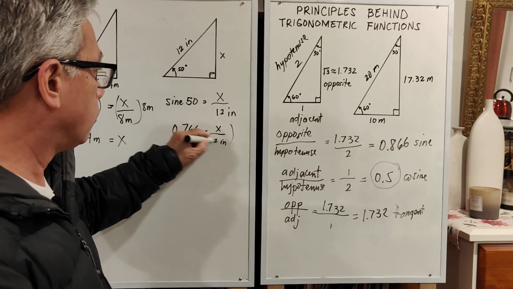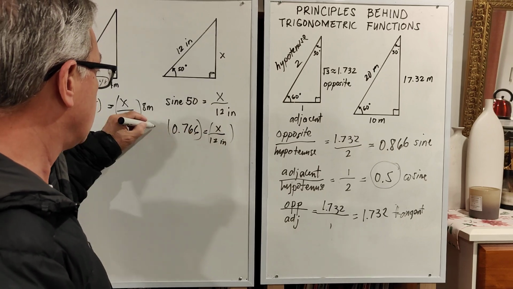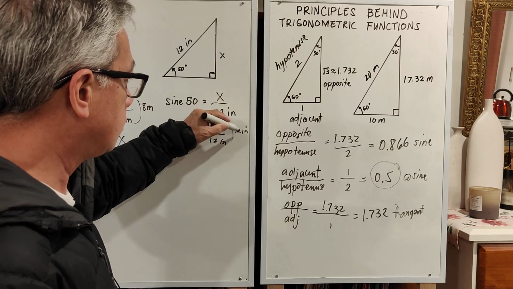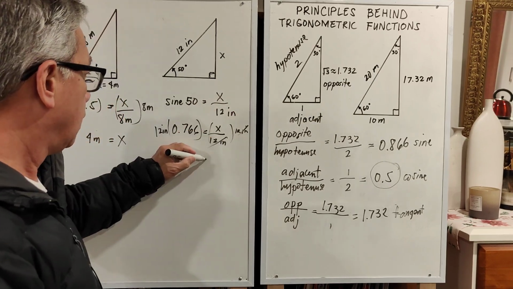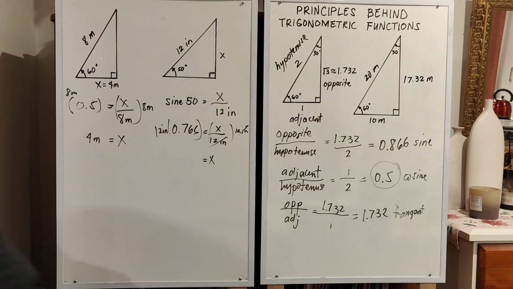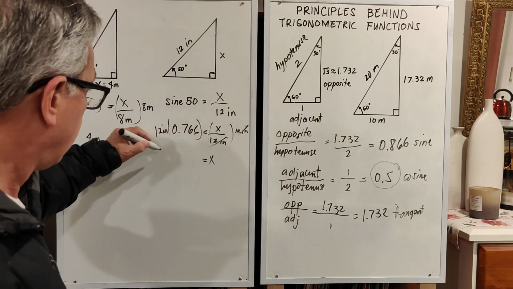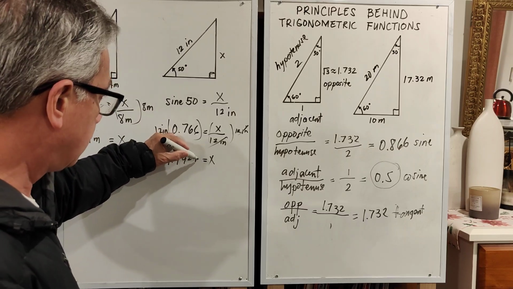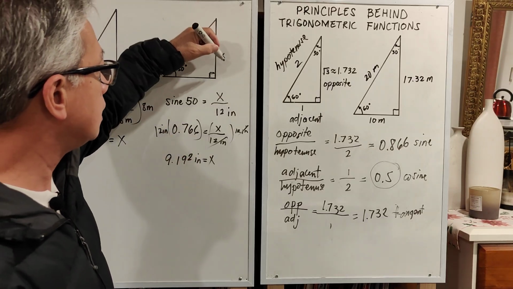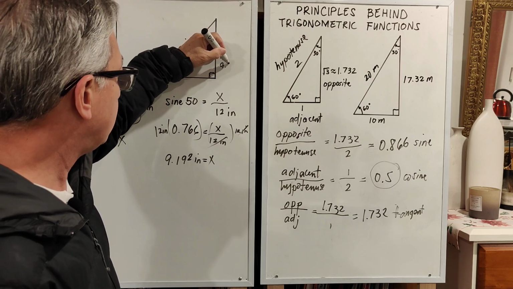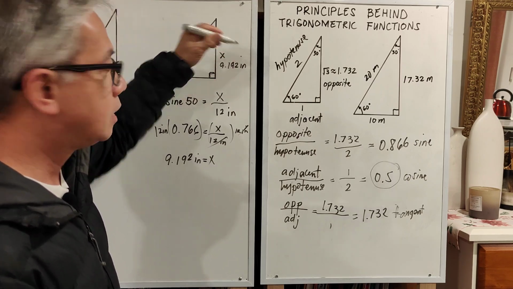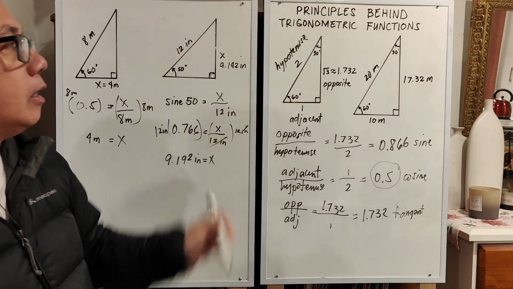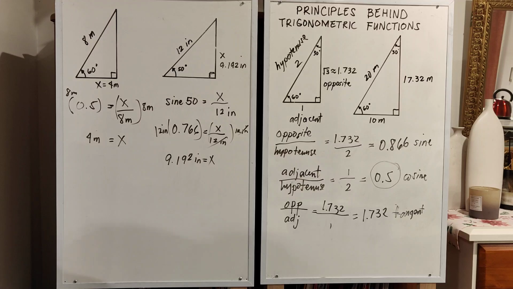So we multiply 12 inches on both sides. This will cancel out. X will be 9.192 inches. So this x is 9.192 inches. So that's how you solve for the size of a right triangle using the trigonometric functions.